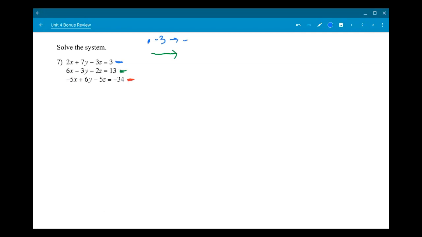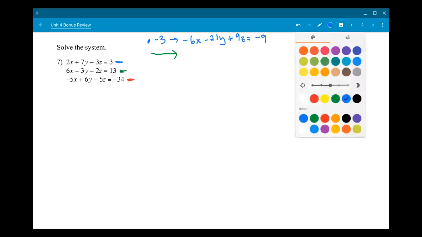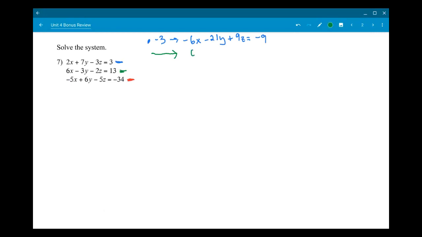So I'm going to get -6x minus 21y plus 9z equals -9. And then follow that up with leaving the green one exactly as it is.